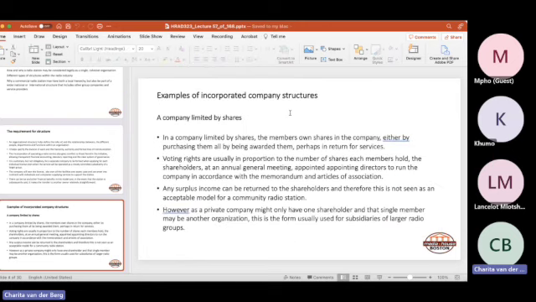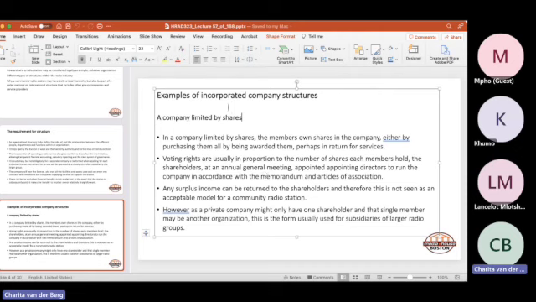Okay, so let's look at the different types of incorporated company structures that we find. The first one is a company limited by shares. So that was like I just showed you. 947 is a company limited by shares. In this type of company, the members own shares in the company, either by purchasing them or by being awarded them, perhaps in return for services.